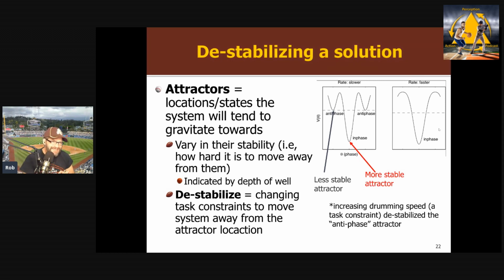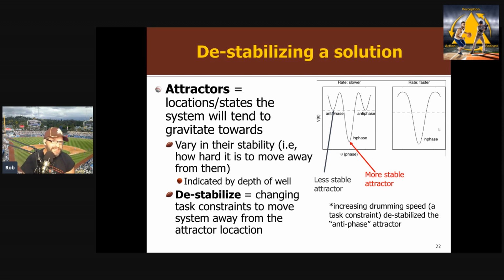And so destabilizing, what we mean by that is we're going to change something about the constraints. I just put task constraints. That's what we usually do. It could be other constraints, but we usually do task constraints because we want to move the system away from the attractor. An example of that is shown on the figure on the right again. In the drumming example, if I manipulate the task constraint of drumming speed, that's a task constraint telling you how fast you have to drum, and usually I could give you a metronome to show you how fast you have to go.